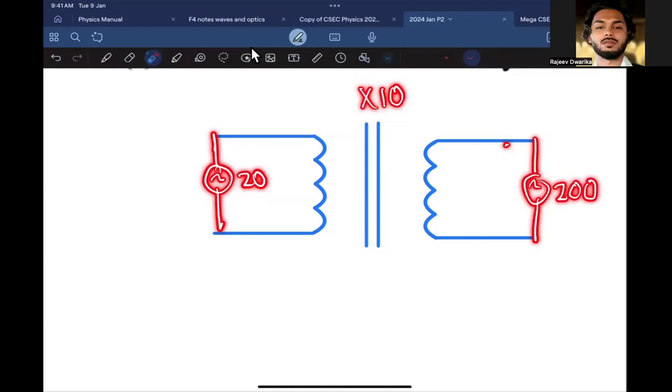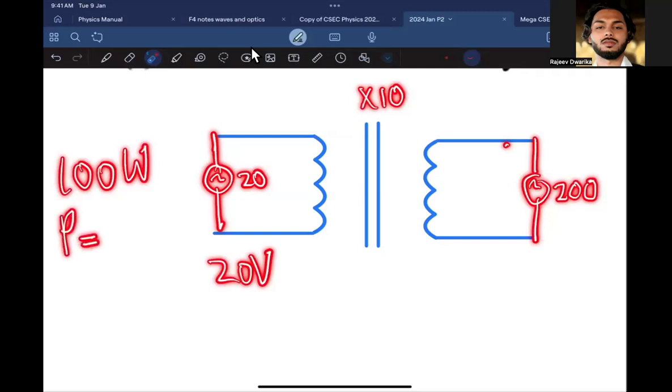Yes or no? I don't know if you understand that. It doesn't sound like you understand that. Watch. If I have 20 volts here, let me just say I have 100 watts. Random. How do I calculate wattage? Wattage is the voltage and the current, right? V and I. So if I have 20 volts here, how much current am I going to need to make 100? 5.